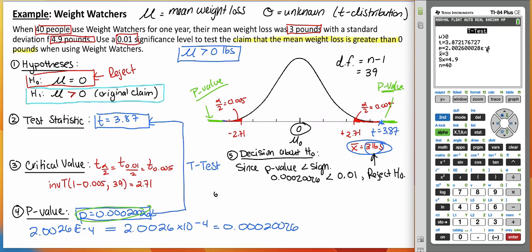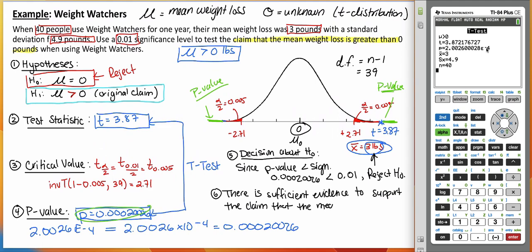So we would say in conclusion that there is sufficient evidence to support the claim, and then I'm just going to rewrite that claim in words, that the mean weight loss is greater than 0 pounds for people using Weight Watchers. So I hope that you can see how a hypothesis test helps us see whether or not differences in our sample data are significant or not.